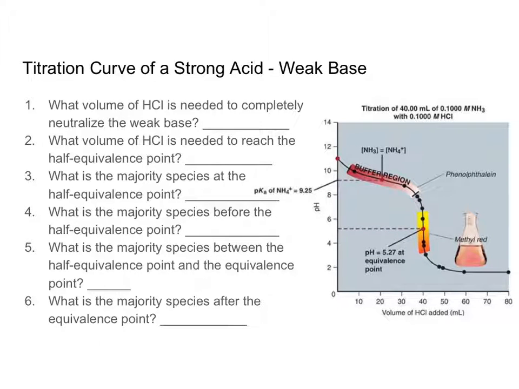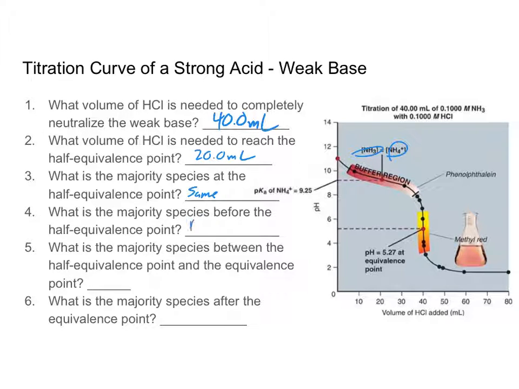What volume of hydrochloric acid is needed to completely neutralize the base? I would say 40 milliliters. What volume of HCl is needed to reach the half equivalence point? 20 milliliters. What's the majority species at the half equivalence point? Right, they'll be the same. What's the majority species before the half equivalence point?